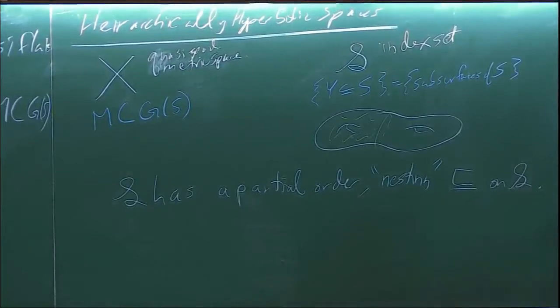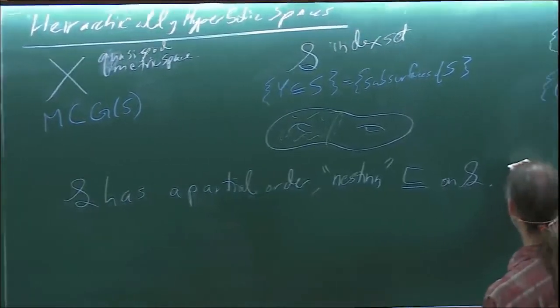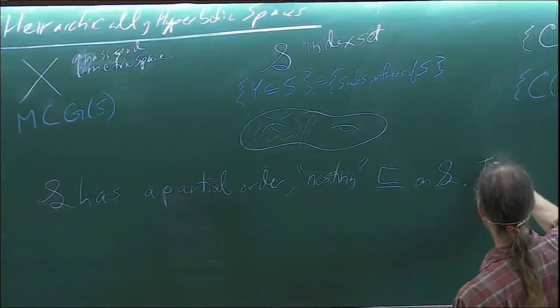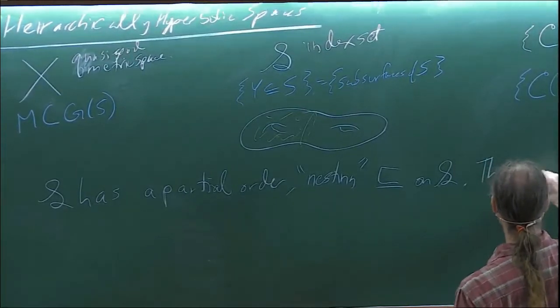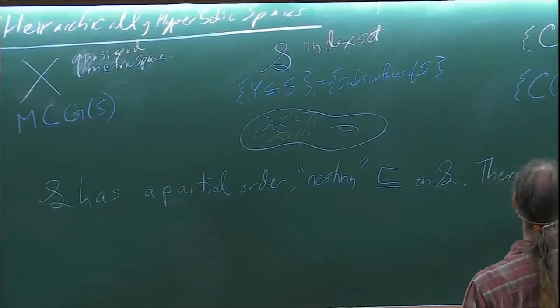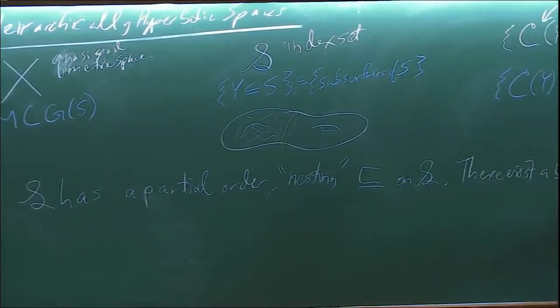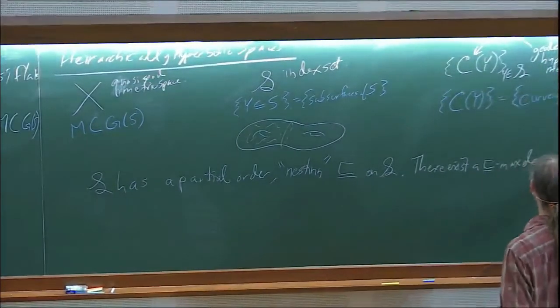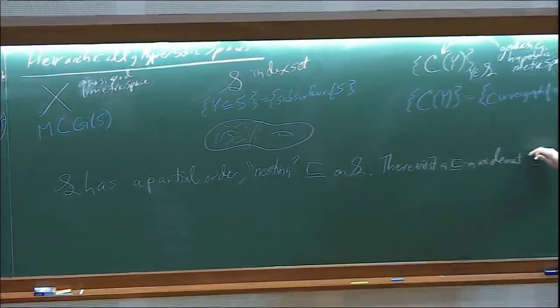For instance, there exists a nest-maximal element, which we normally just denote by a Roman S. So there's a script S, but this is just a normal S. And chains are bounded.